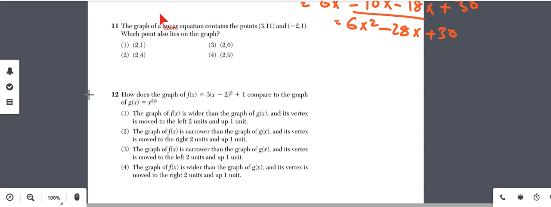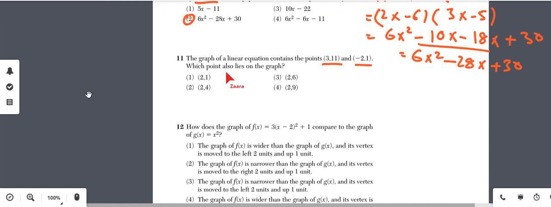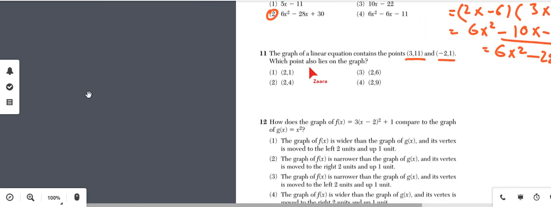Look at this one. The graph of a linear equation contains these 2 points. Which point also lies on the line? So how can we find that? First, we need to know the equation of the line. There are two possibilities.